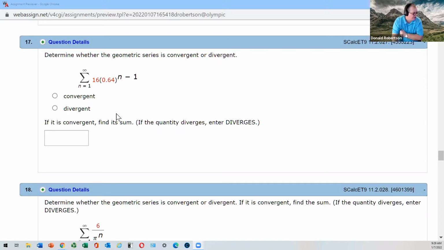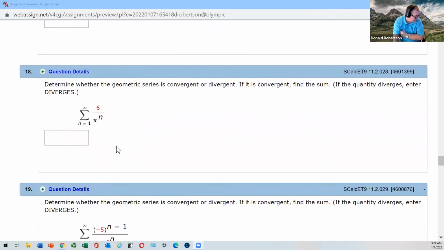You are good. But look what they did in question 18. It is a geometric series. They tell you it is, but it is not obvious who A is, and it's probably not obvious who the common ratio is. Yet, nonetheless, it is a geometric series.